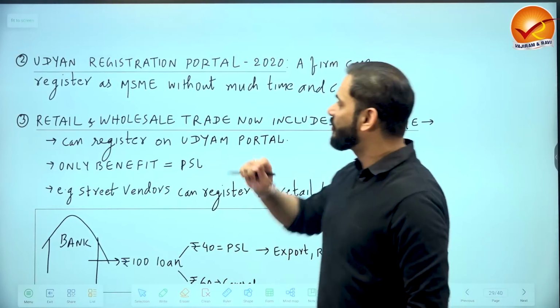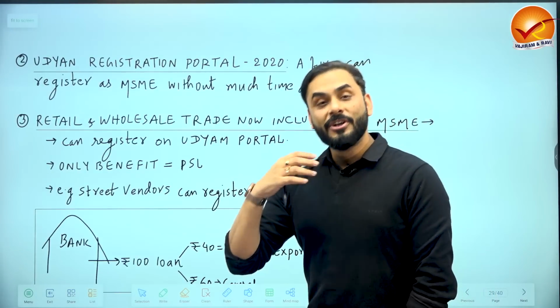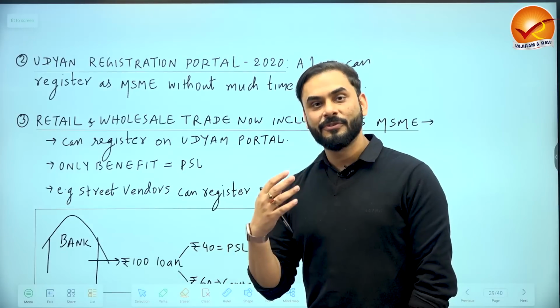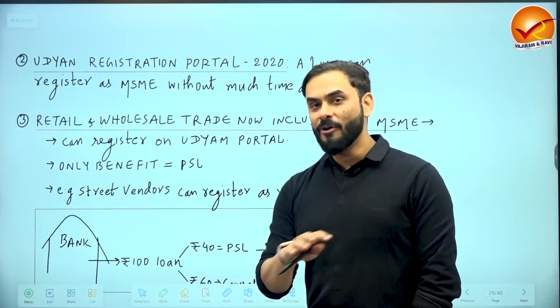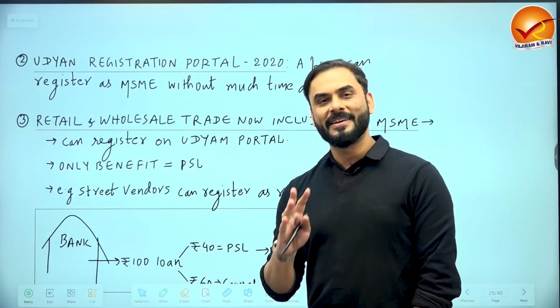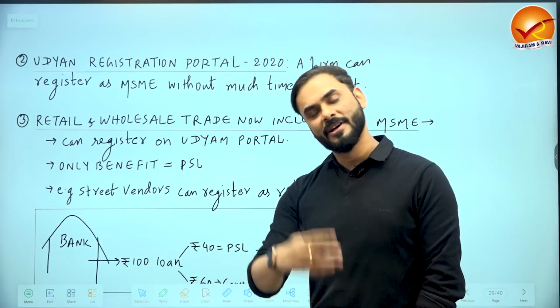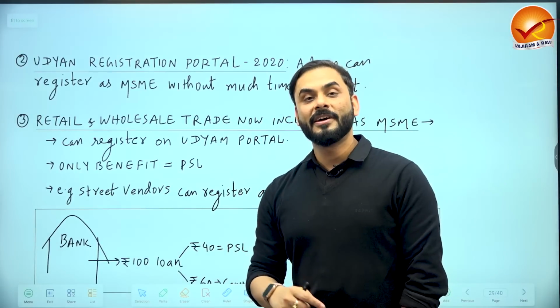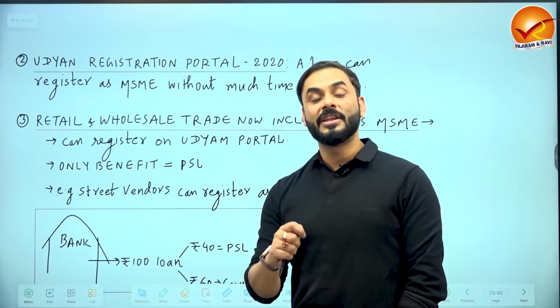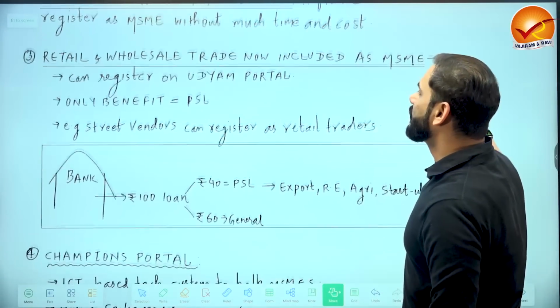The moment I register on this Udyam Registration Portal, I can continue to get the benefits meant for MSMEs without proving through so many documents, rules and regulations that yes, I am an MSME. You simply go to the portal, register yourself, and Government of India will continue to give you benefits related to MSMEs.